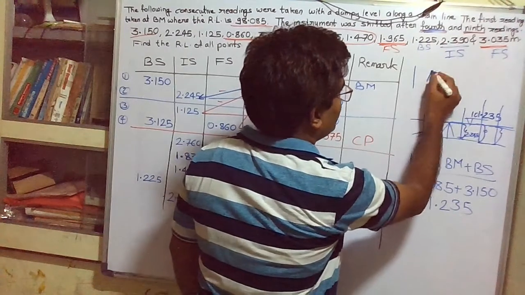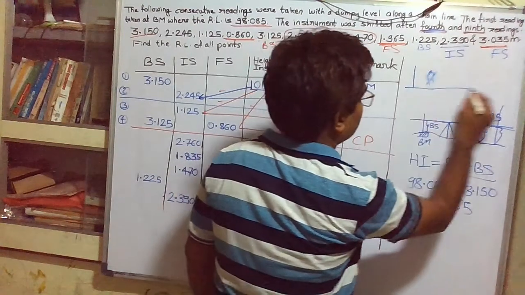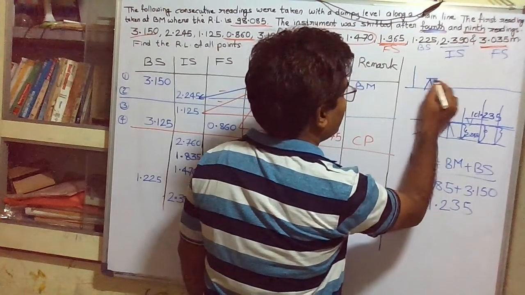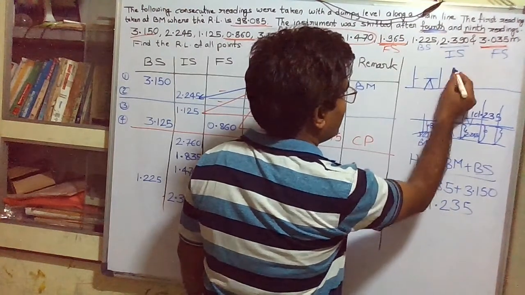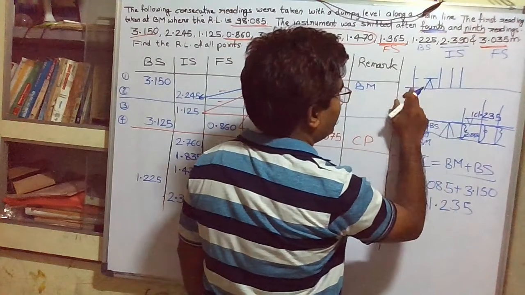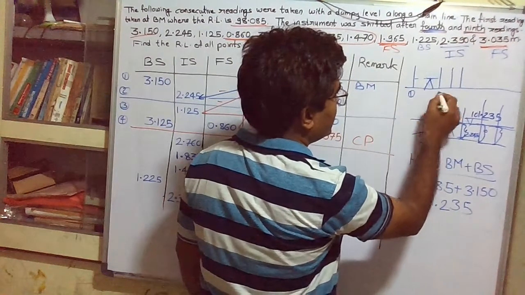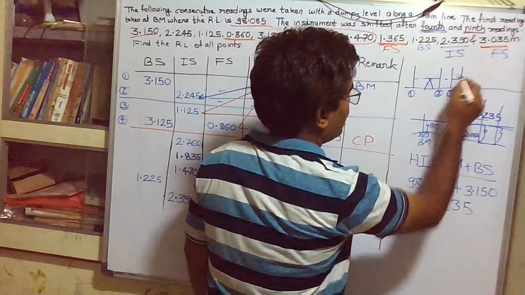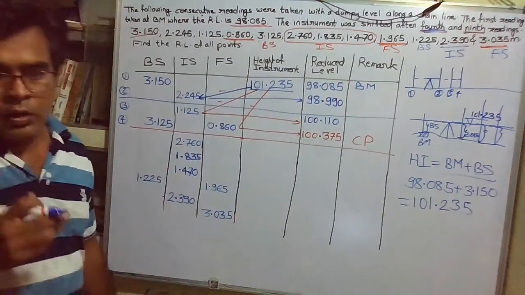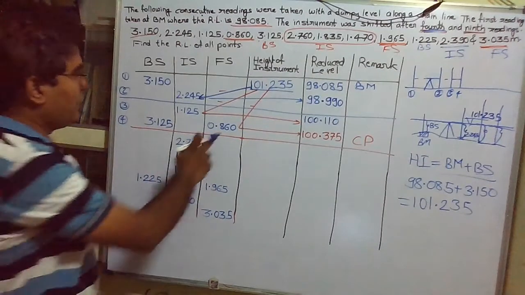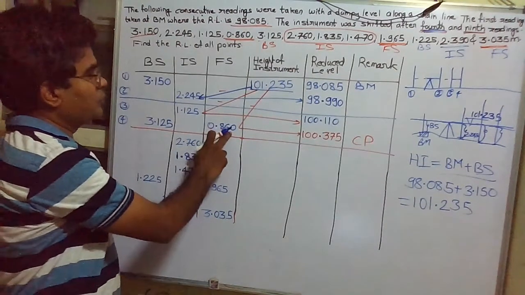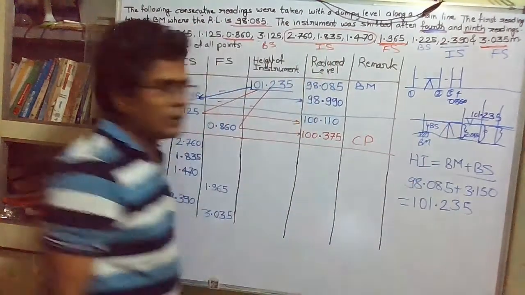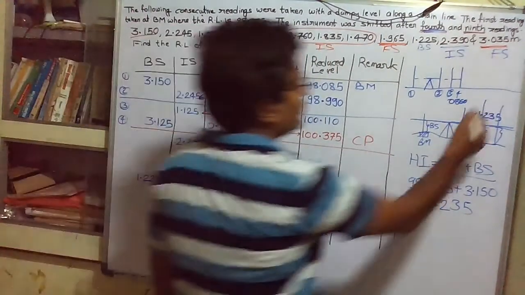Initially there was an instrument here, and we have taken first reading, second reading, third, and fourth. After taking four readings, we have shifted the instrument. This is the fourth reading, our 0.860, and after this reading, we have shifted the instrument to the new location.